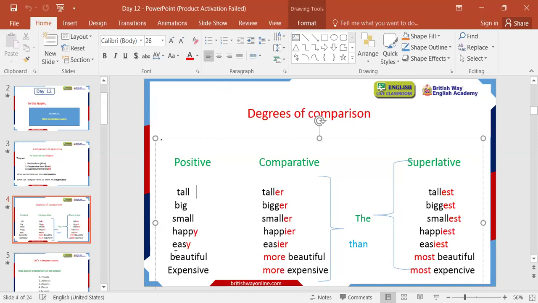Beautiful. We can't pronounce the word at once. There's a pause. Beautiful or expensive. For them we have to use more.